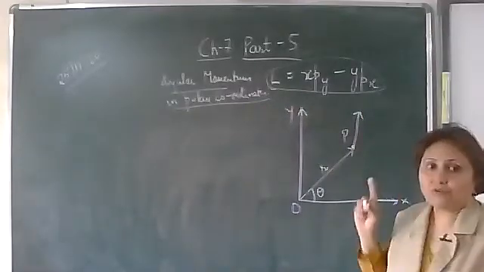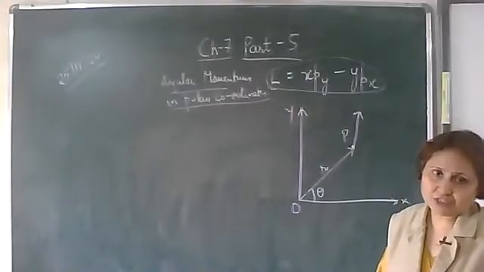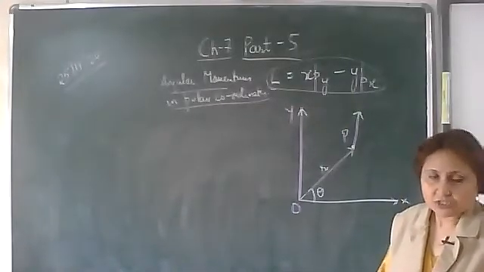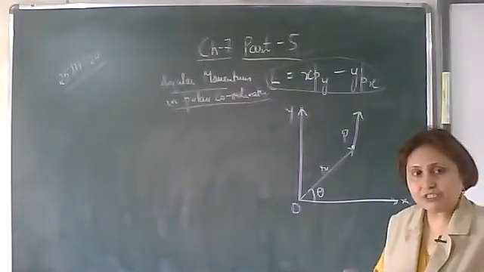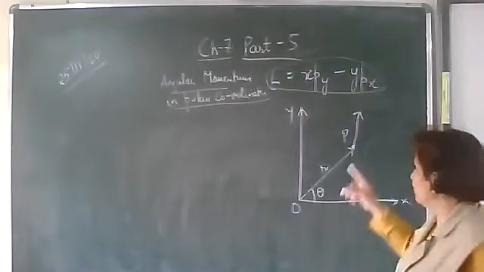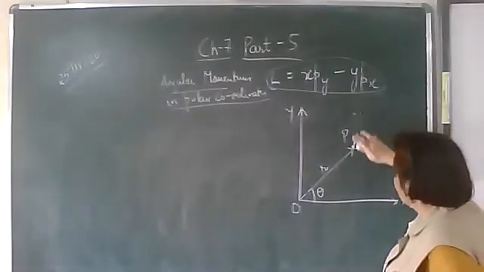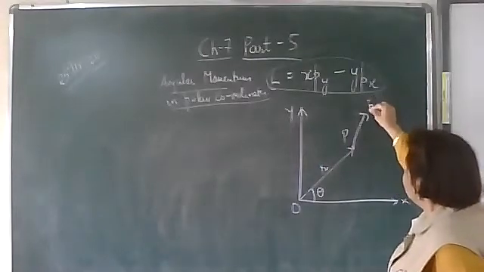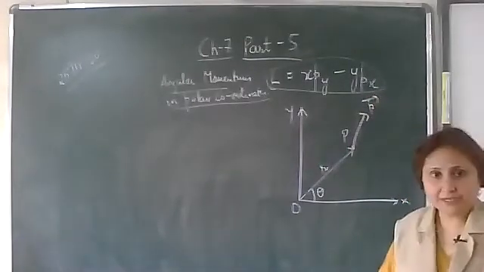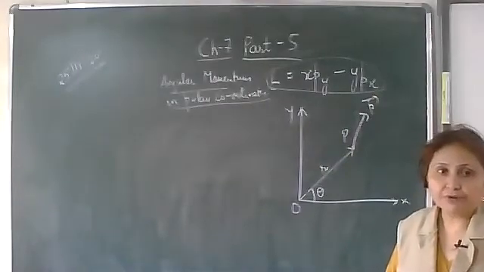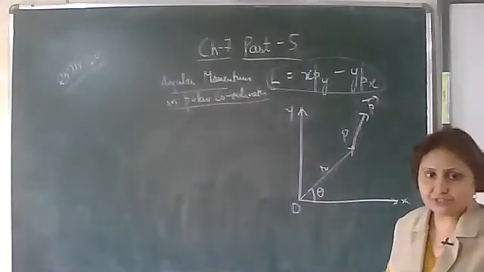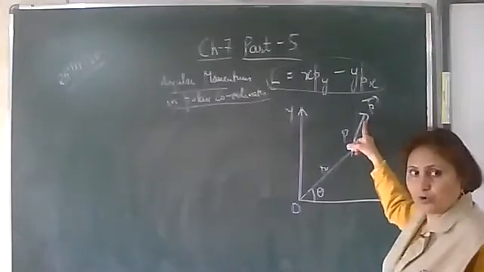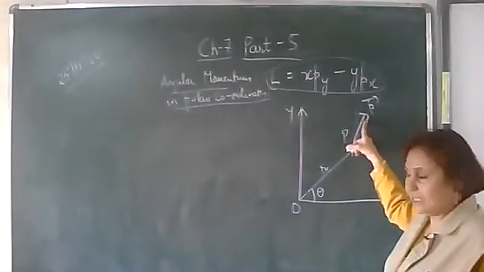We know that force is equal to the rate of change of linear momentum. So whatever is the direction of the force, the same is the direction of the linear momentum. According to Newton's second law, force is along the direction of the linear momentum.